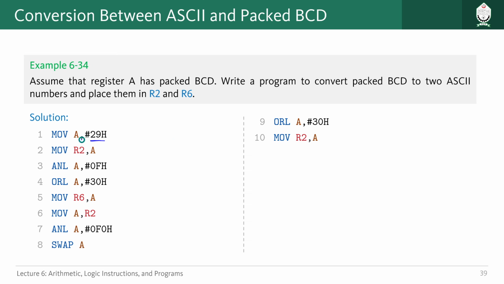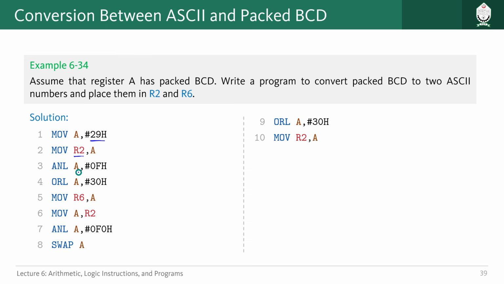First this value is moved onto A, and then we move that value into R2, because we have to do the calculation twice, once for 9 and once for 2. So first we store the data in R2, and then we can do any kind of manipulation on register A.